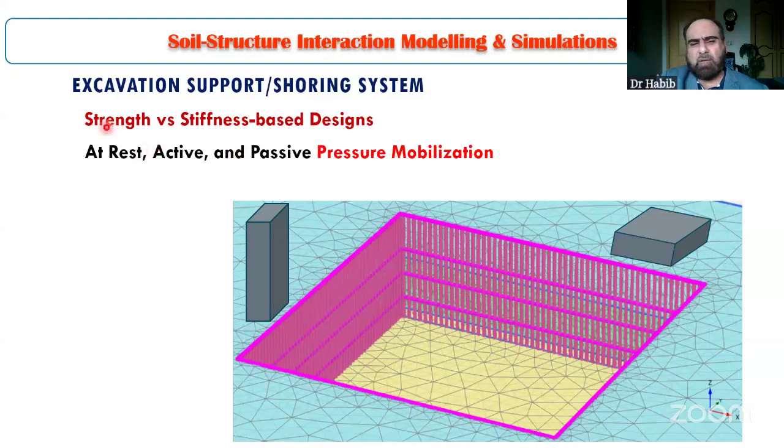So we have either at rest conditions, which means zero movement, or we can have an active where there is the maximum movement, and we can have passive for the embedded part also. So basically, in reality, these pressures do not mobilize to their complete sense. We do not have ideal at rest conditions. We don't have ideal active or passive conditions. We have something in between.